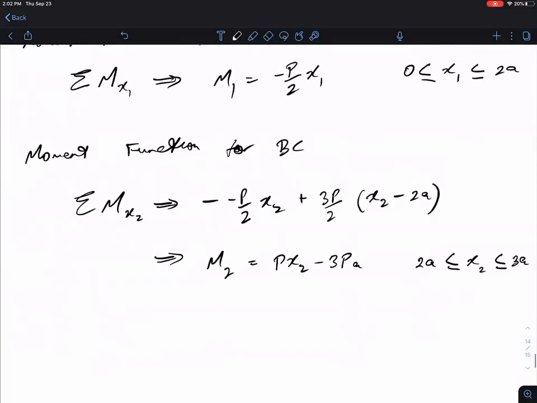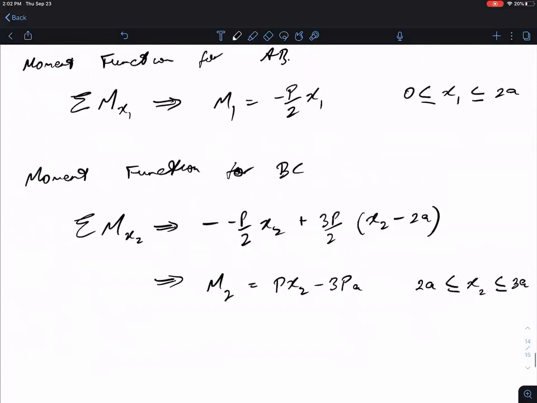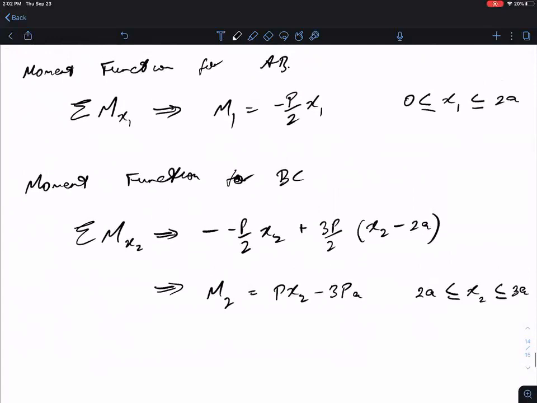Okay, so now let's deal with the moment function for AB. So let's set up the equation for the moment function for AB.